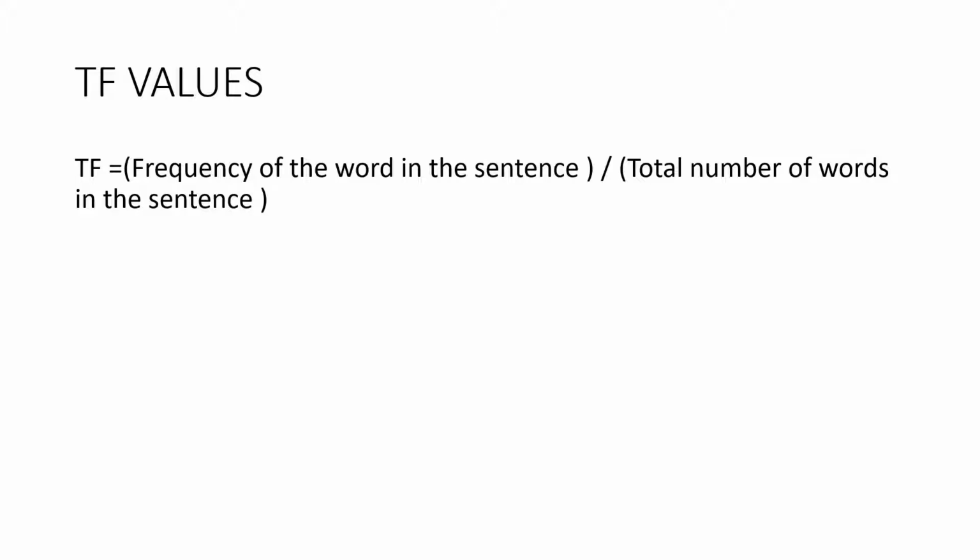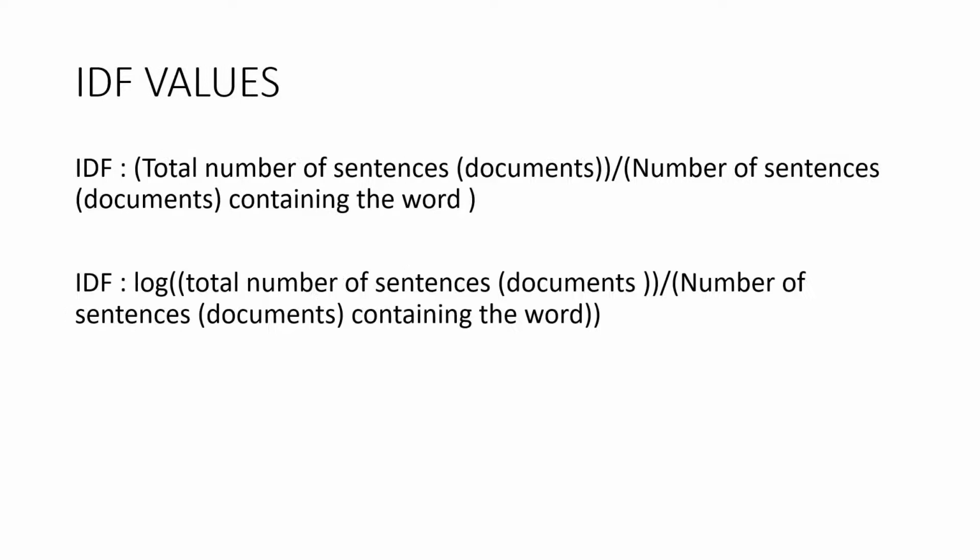IDF refers to the inverse document frequency and can be calculated as follows. IDF is equal to the total number of sentences, that is documents, divided by the number of sentences, that is documents, containing the word. It is important to mention that the IDF value for a word remains the same throughout all the documents and it depends upon the total number of documents.